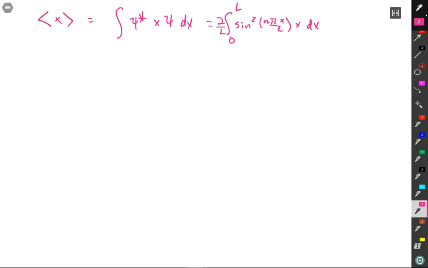Actually, now that I think about it, what I would give you is just the integral of sine squared dx is this, integral of x sine squared x dx is this, and so on. Just giving you those different options. You basically have to, this is the one that my integral is, so there's the answer. So you would have to do this, and it does turn out that it gives you L over 2 regardless of the n value. So integral table is what is missing here.